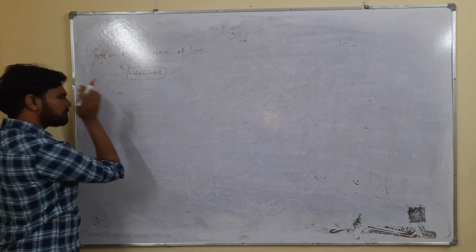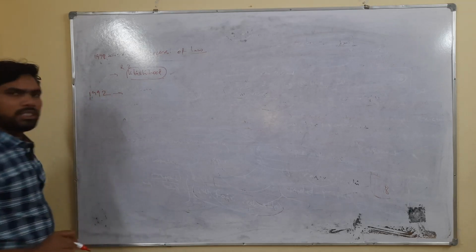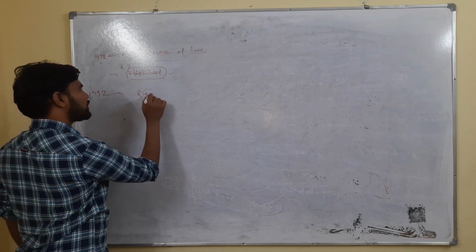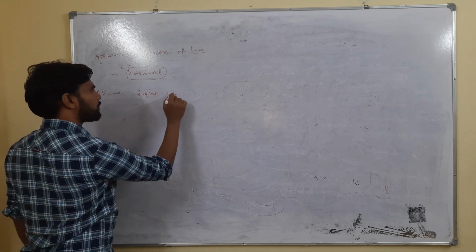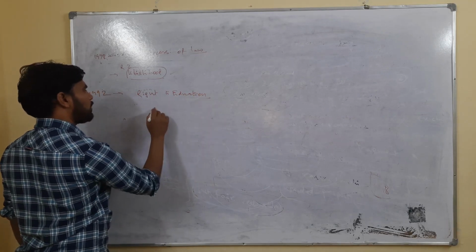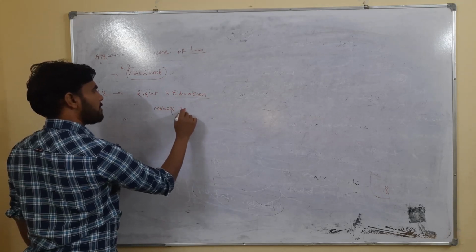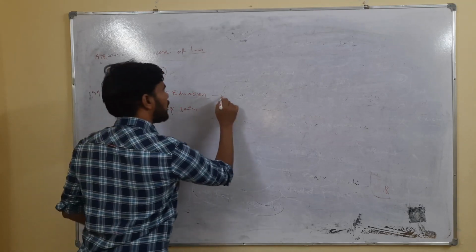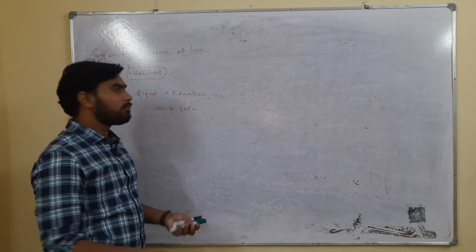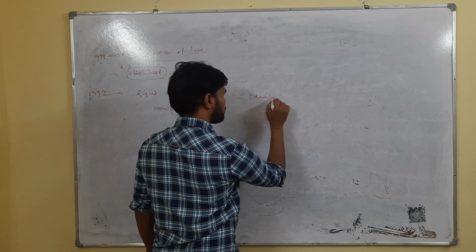Then in 1992, in Mohini Jain versus Union of India case, the court said right to education is a fundamental right. It said that right to life means right to a dignified life. So how will dignity come? Dignity comes and flows with education.